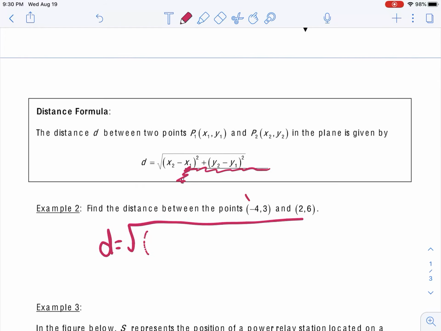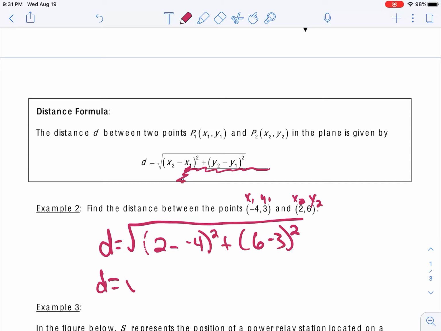So I have x1, y1, x2, y2. It might be helpful for a little while to write those out. So I have 2 minus a negative 4 squared plus y2 is 6 minus 3, that's y1, squared.